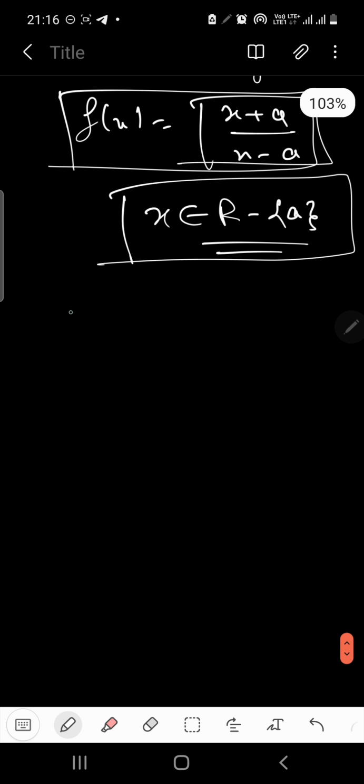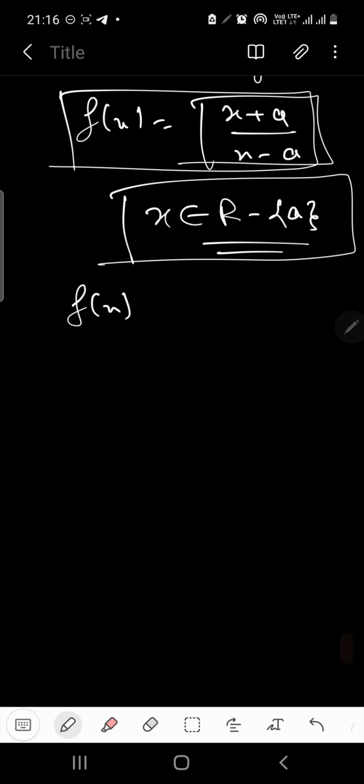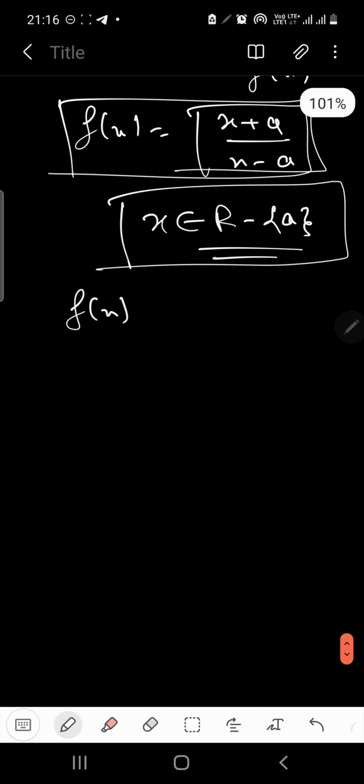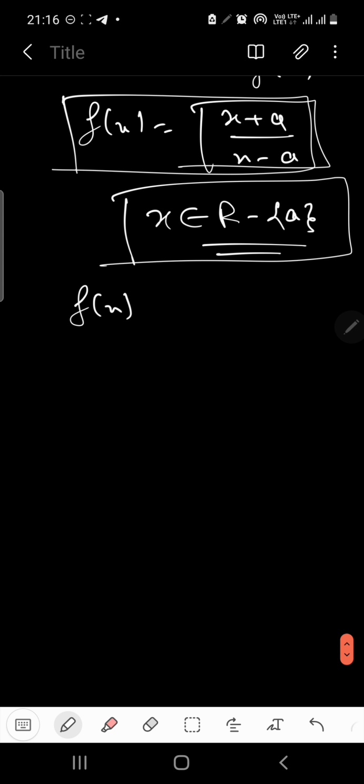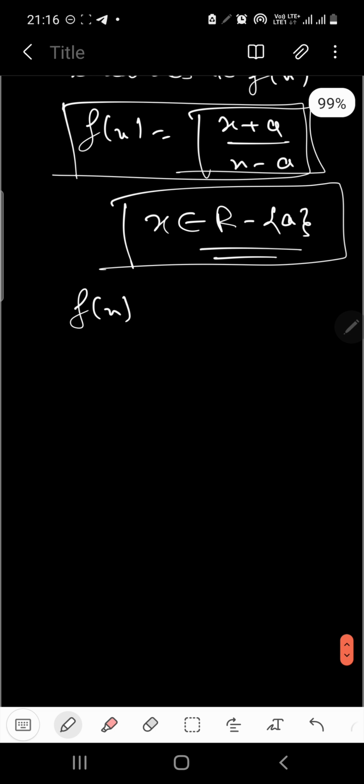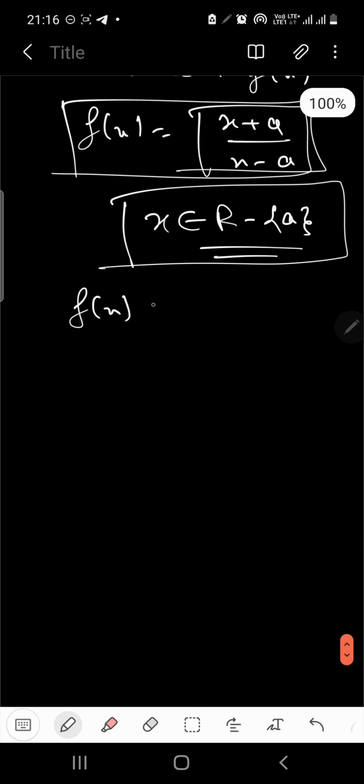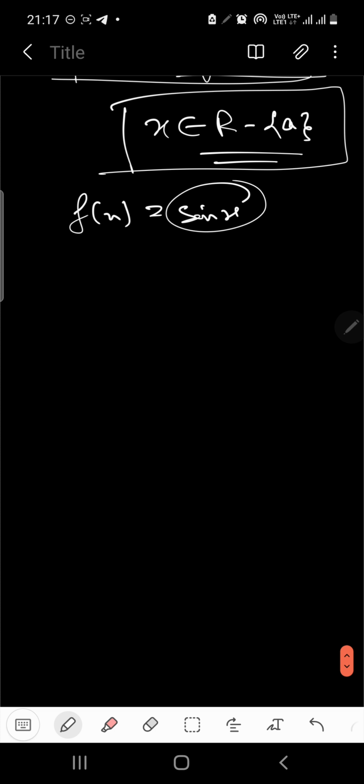For example, you have the function f(x) equals sin x. We know whatever value we put in the function y equals sin x will always be in between -1 and 1.